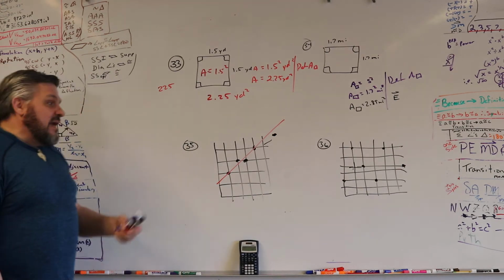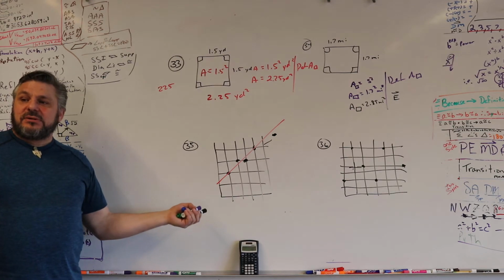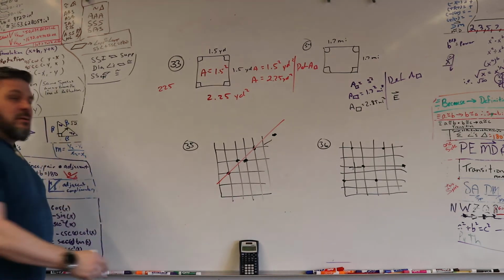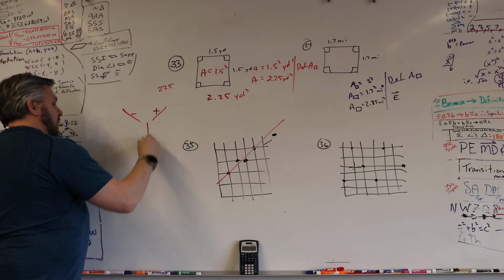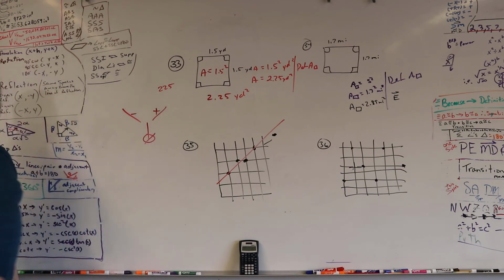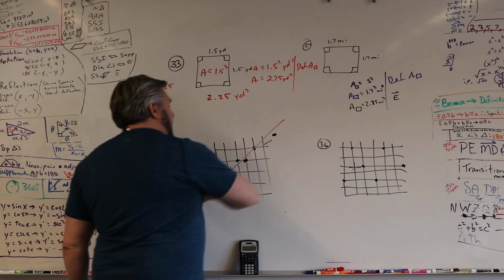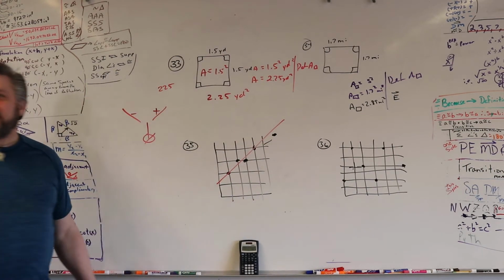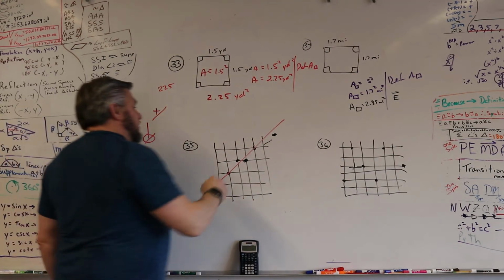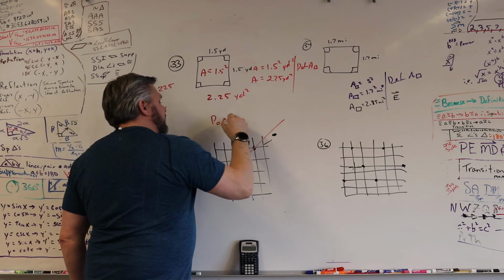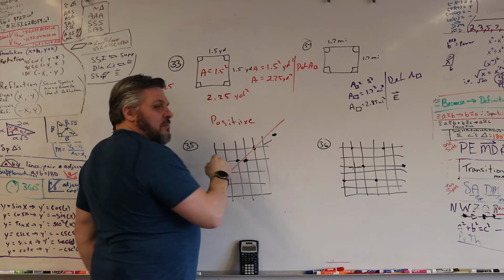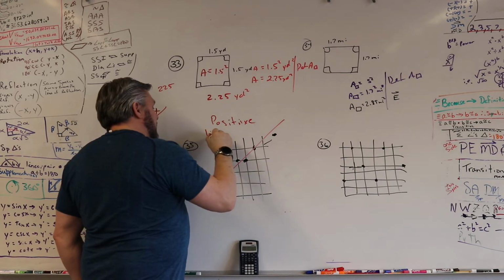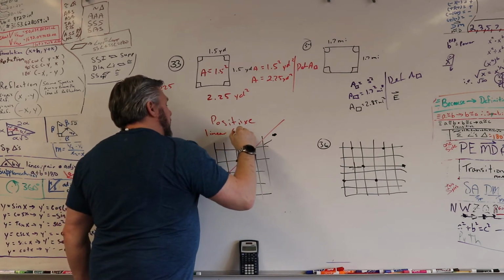Now, is that a positive or a negative slope? Positive, good. It goes up from left to right, right? So this is a positive linear correlation.